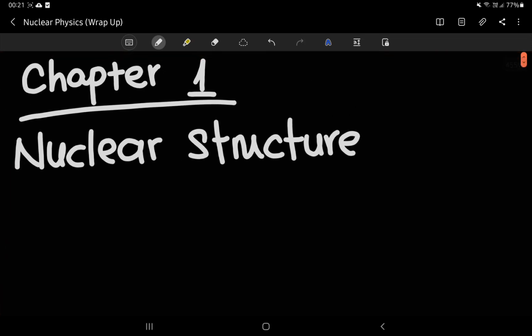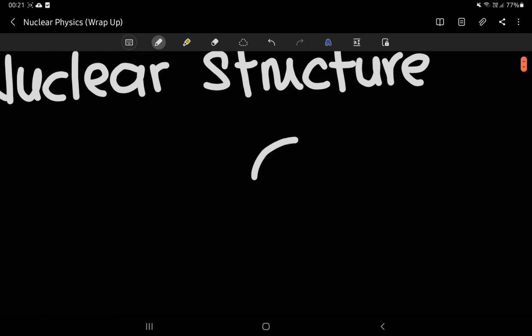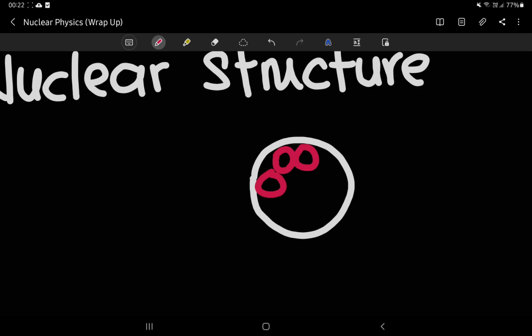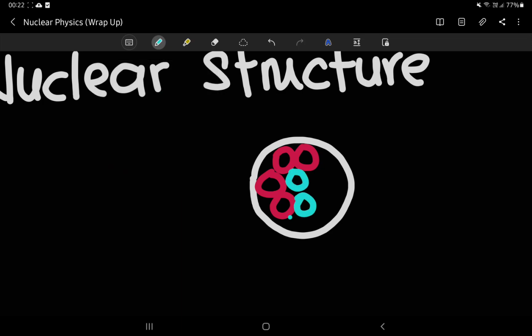Okay, so yeah, we know that this is our nucleus, and inside it we have protons and neutrons. So this is proton and probably this is neutron, and like that.